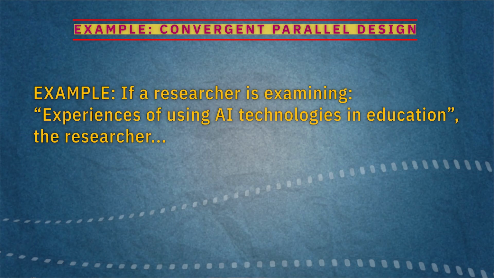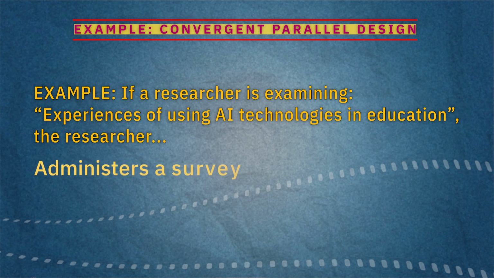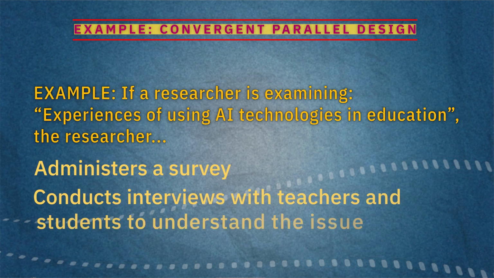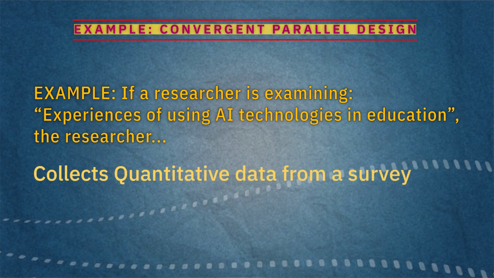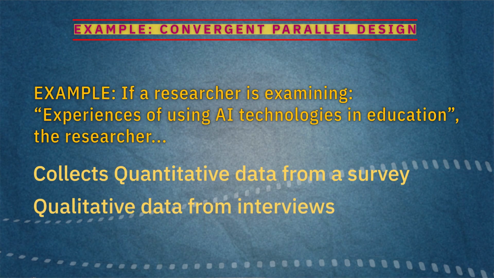Let's say a researcher is examining experiences of using AI technologies in education. The researcher would administer a survey and also conduct interviews with teachers and students to understand the issue. It will collect quantitative data from the survey and qualitative data from the interviews.